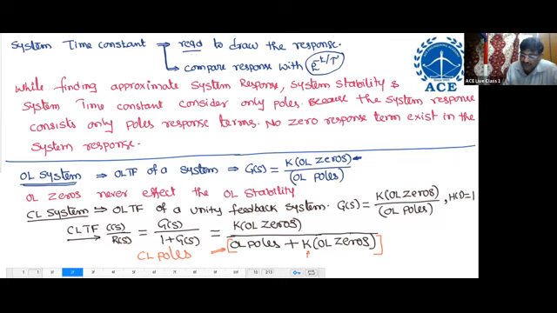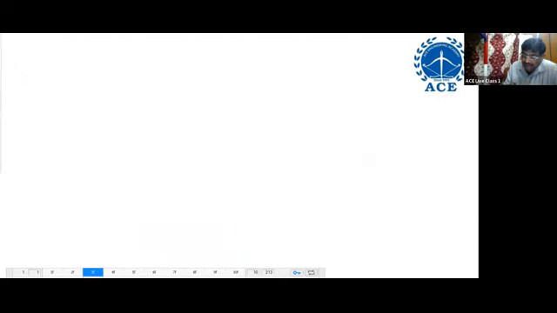So what is the conclusion here? I'll write in the next page. Open loop zero affects the closed loop system stability.